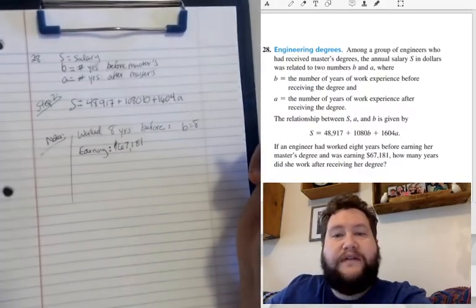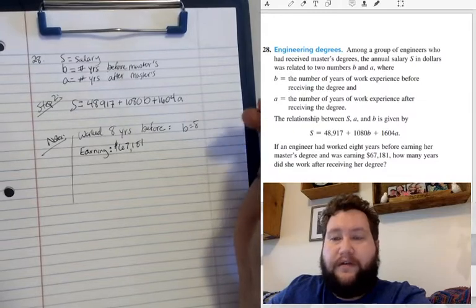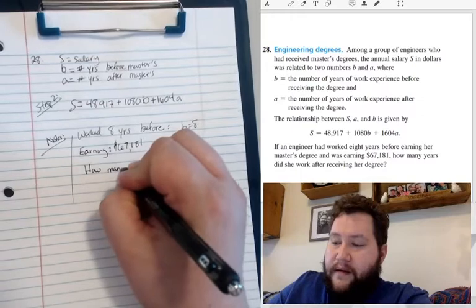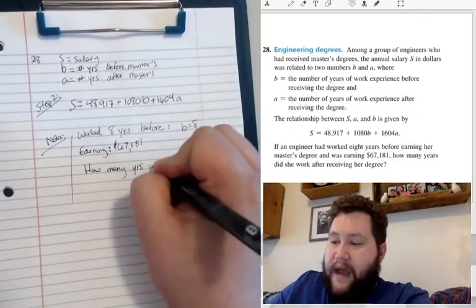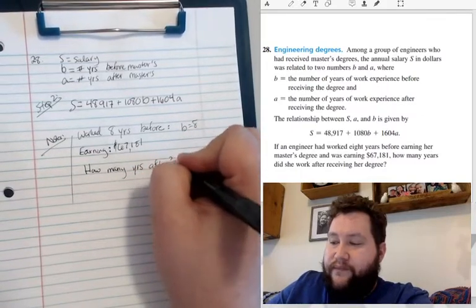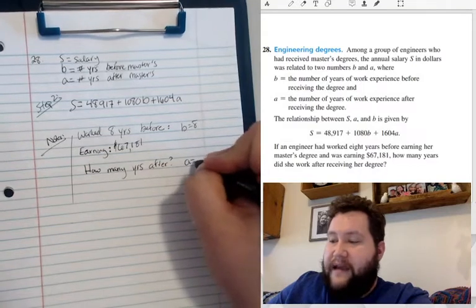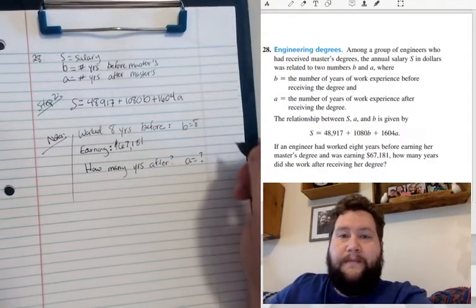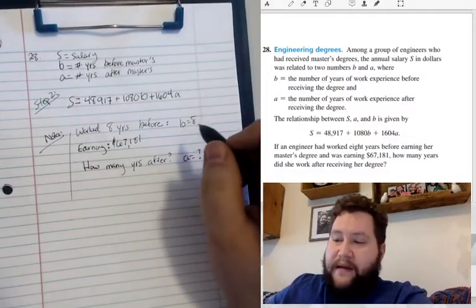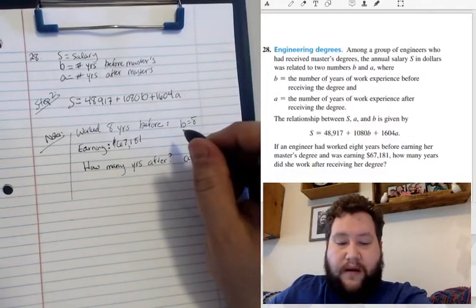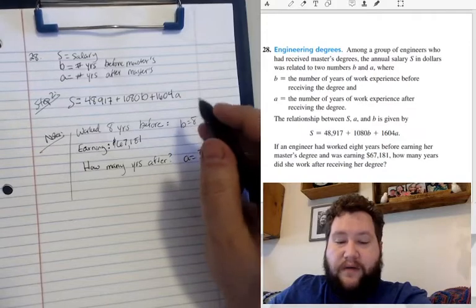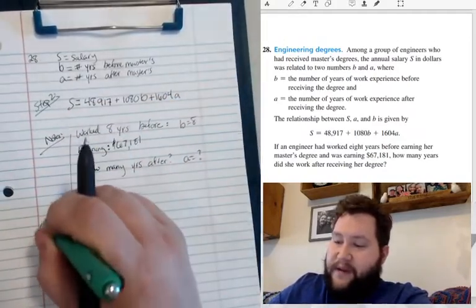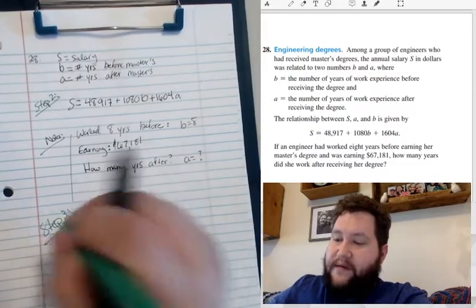How many years did she work after receiving her degree? So how many years after? That means A is what? So let's go ahead and go to our equation that relates the unknown quantities. So that's step 2. That's sort of step 3, but let's go ahead and write step 3 here.